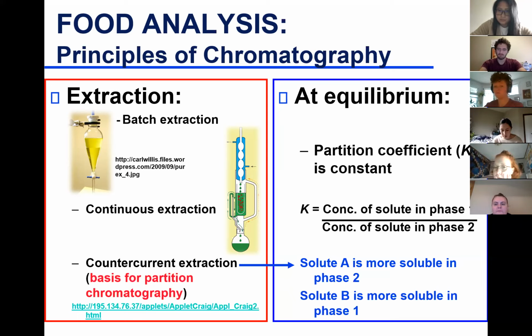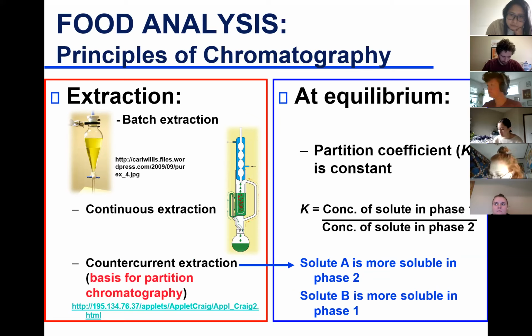Because the solutes, or the components in my mixture, are partitioning between two phases. At equilibrium, a certain concentration of that component will be in one phase, and another concentration will be in the other phase.